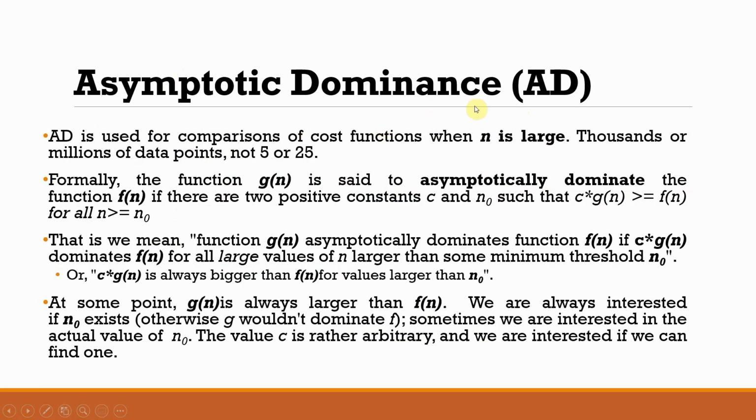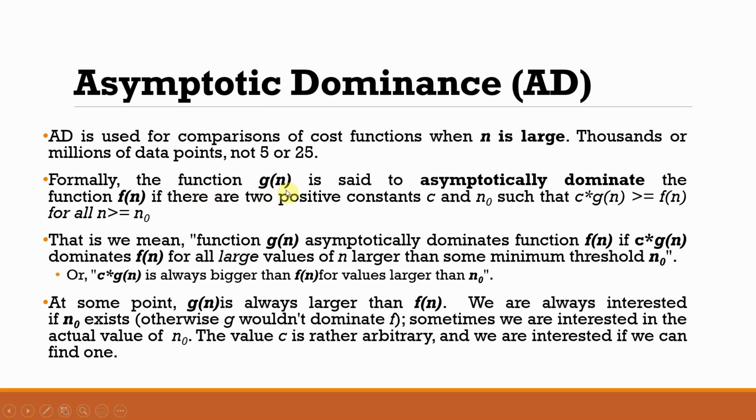This is just a review of the concept of asymptotic dominance, or asymptotic analysis. Asymptotic dominance is used for comparisons of cost functions when n is large, usually around thousands or millions of data points, not just 5 or 20.